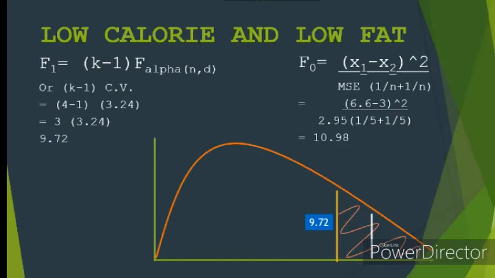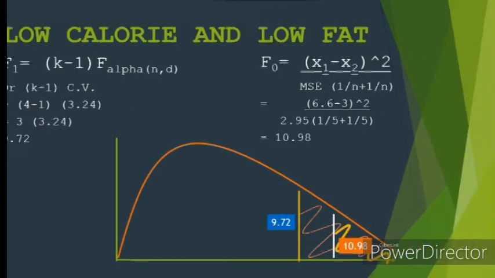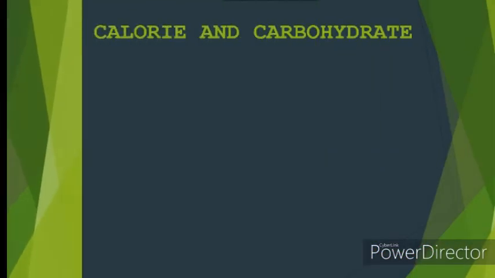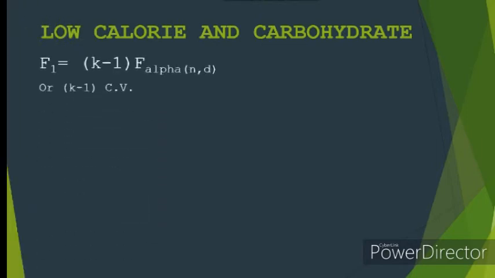So we have 6.6 minus 3 raised to 2, all over 2.95 times 1 over 5 plus 1 over 5, is equal to 10.98. Since our F value for low calorie and low fat is 10.98 and it falls in the critical region, therefore low calorie and low fat are significant in our problem.